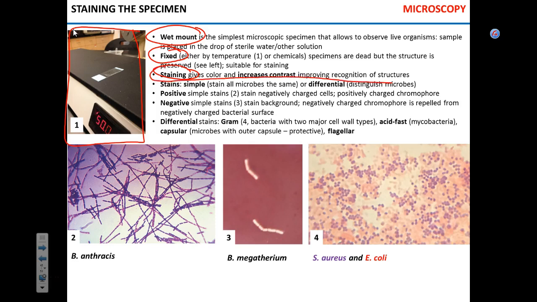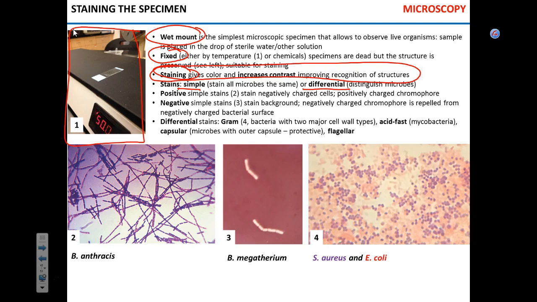Now, we're going to do a lot of staining. And stains can be of 2 major types. It can be simple and differential. Simple stains will stain all microorganisms alike, no matter what their structures are. Are we clear?